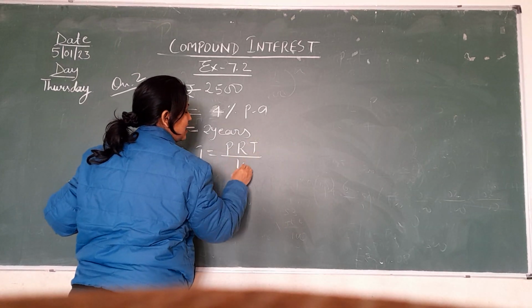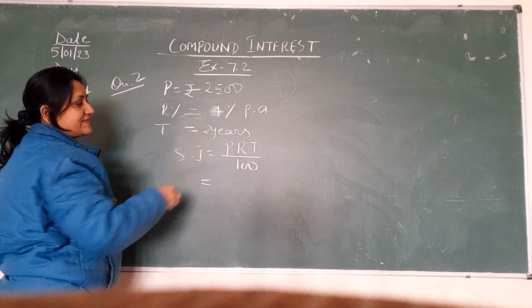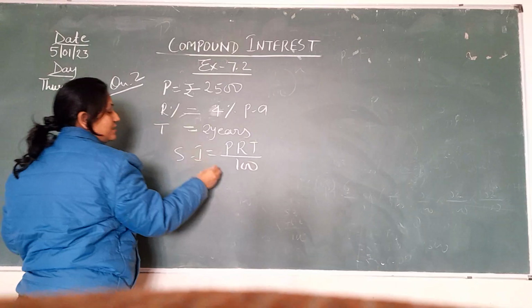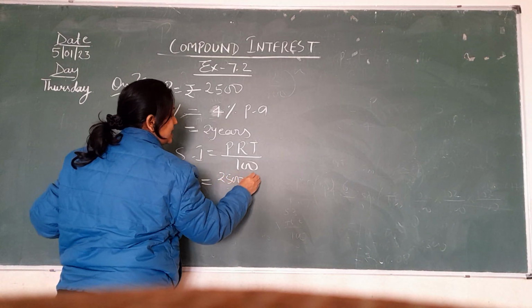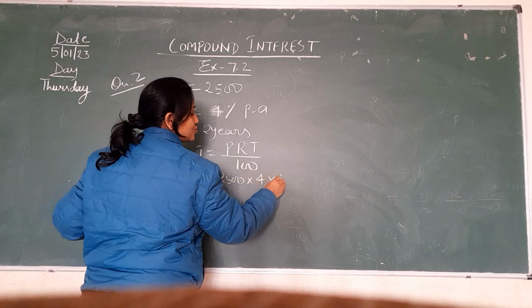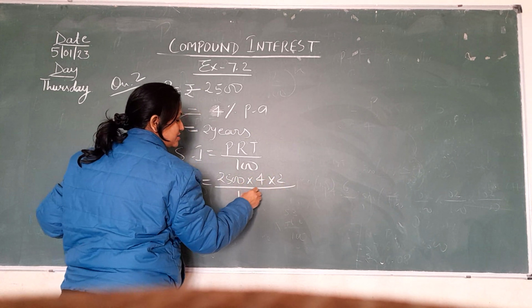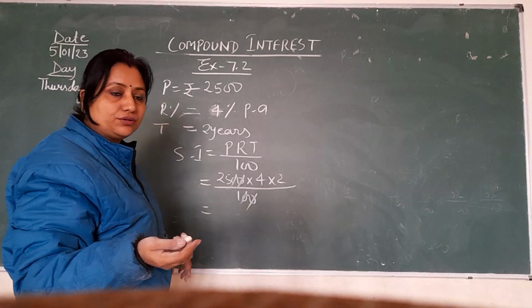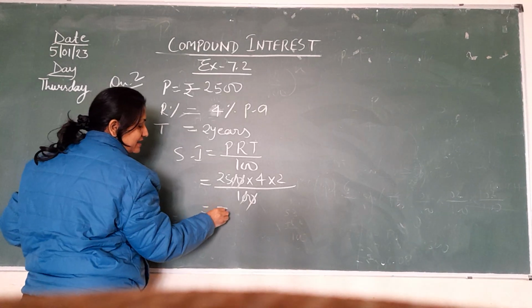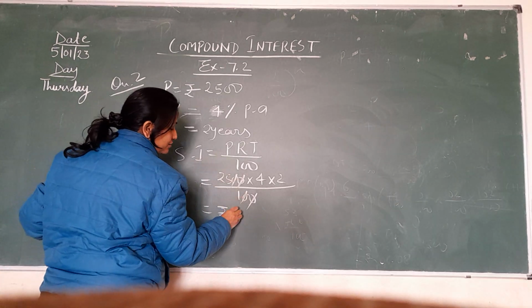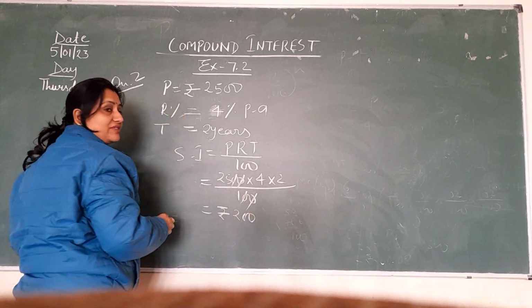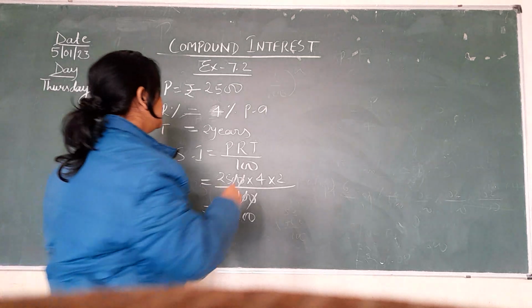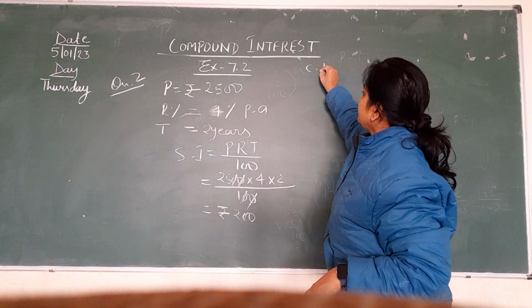PRT upon 100. Now putting all these values in this formula: P is 2500, R is 4, T is 2, upon 100. The 0s will cancel out, 25 fours are 100, and 100 times 2 is equal to 200. So we get SI is equal to 200. After that we will find out CI.